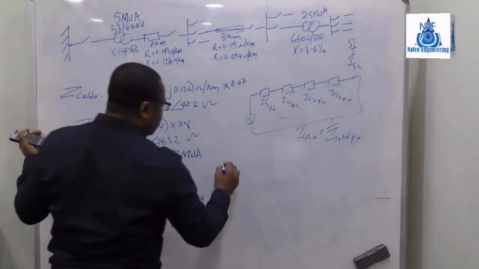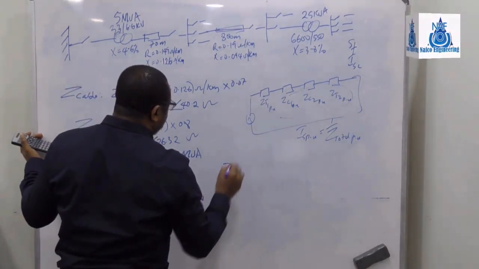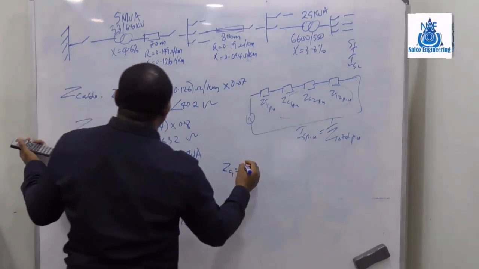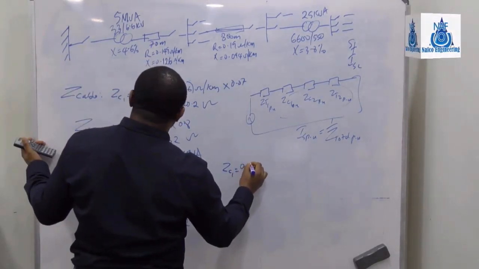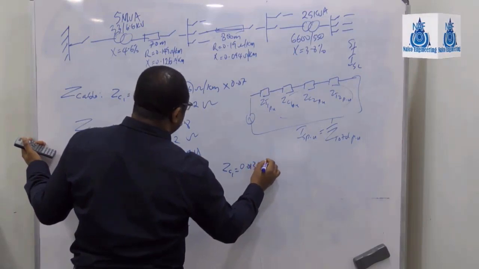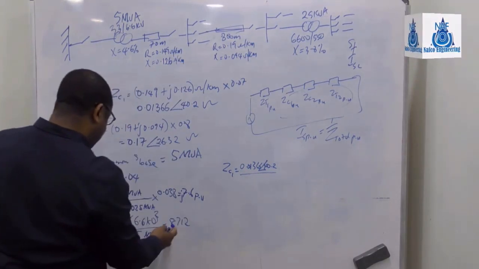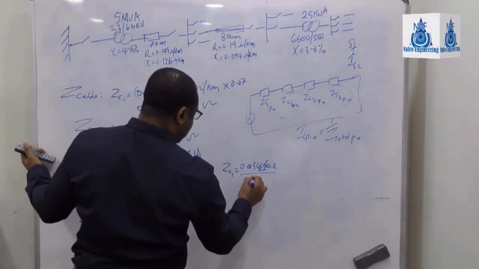So you get Z cable 1 will now be actual over base: 0.01366 with an angle of 40.2 over that base, 8.712.